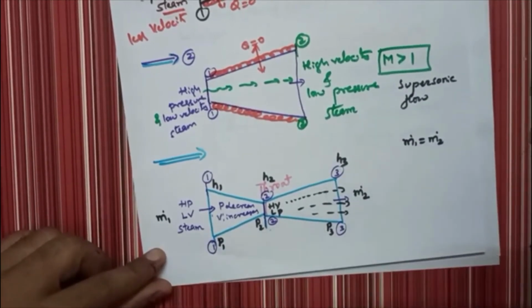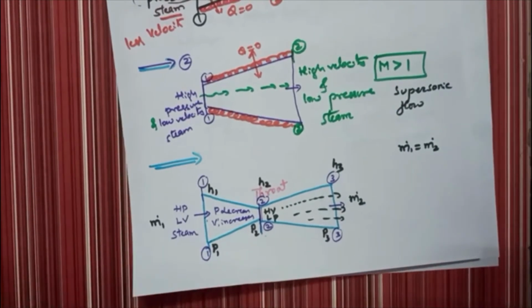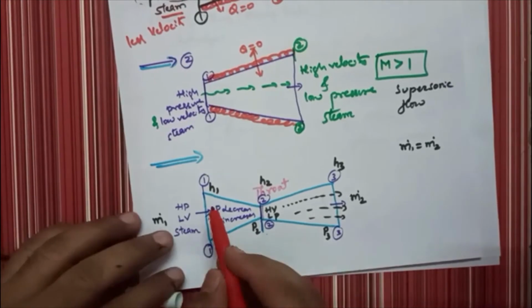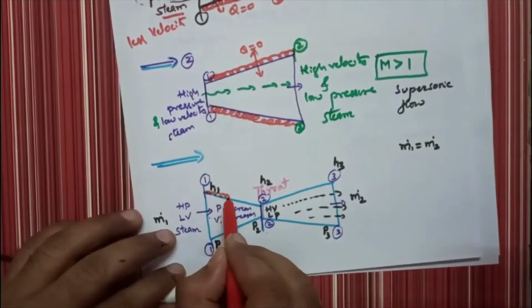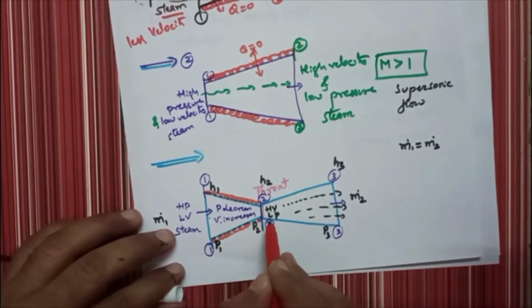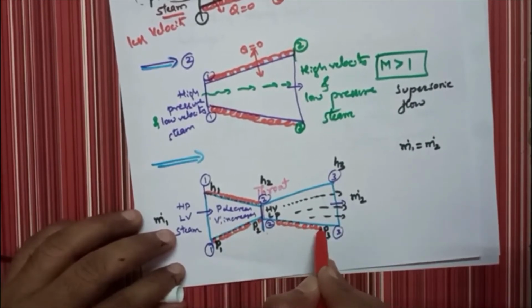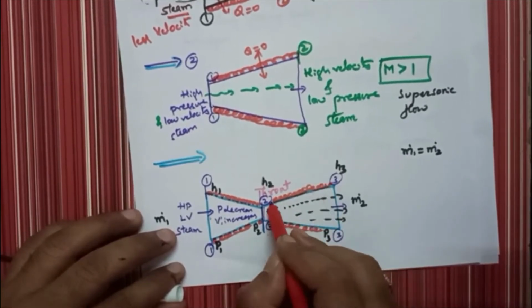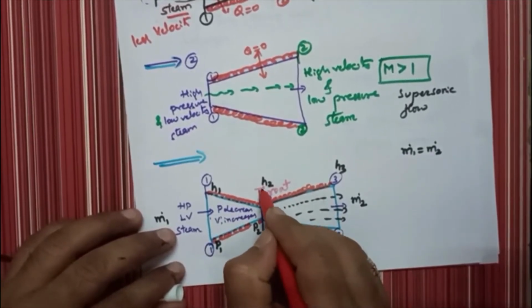M1 is equal to M2, and obviously the nozzles are insulated with some adiabatic layer, so Q is equal to 0. Heat is not rejected from the nozzle to the surroundings. And this is the throat.